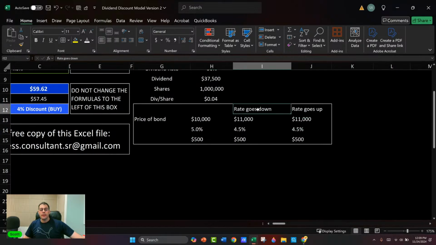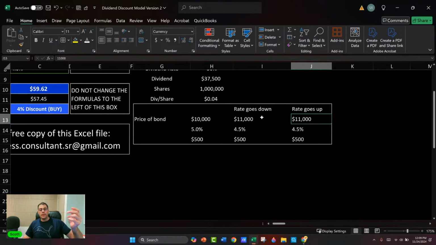Now, when I say rates, I mean the rates in the environment, like the Fed funds rate. If rates go up, now the bond price goes down. So it might go down to 9,000. That's how much this $10,000 bond would be trading at in the open market if interest rates go up, because you have a fixed interest rate. You're not going to change your interest rate. The only thing you could change is the price of the bond.